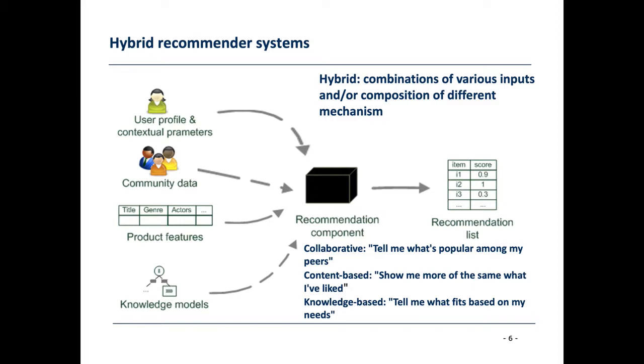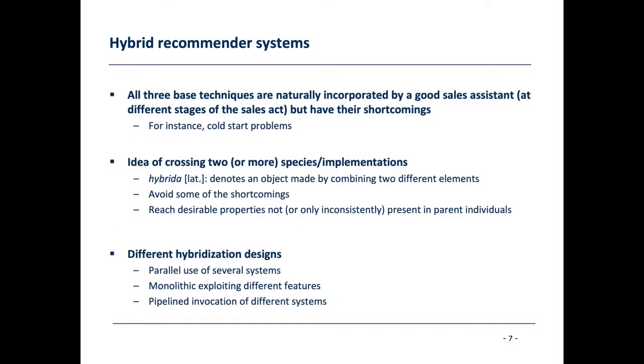But now what we're doing is looking at that black box as having more structure. So in a real system, you will have all of the above: collaborative filtering, content-based filtering, knowledge-based, and social, as we've talked about before.